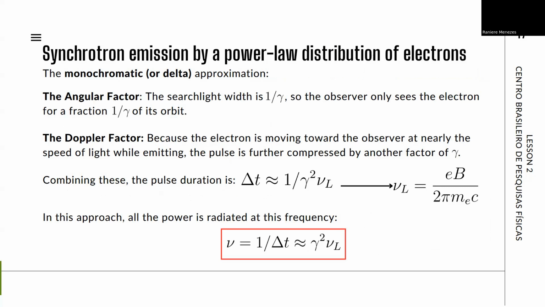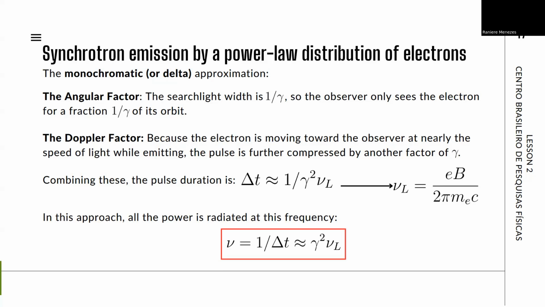So at the end, the duration of a pulse for us will be 1 over gamma squared times the Larmor frequency. The Larmor frequency is just how frequently the electron completes an orbit, and it is given by this, which comes from the Lorentz force.